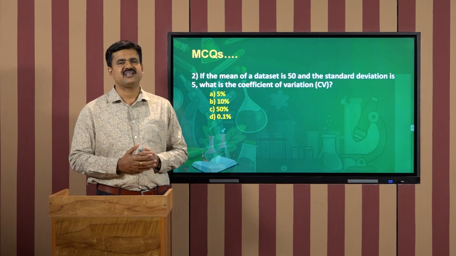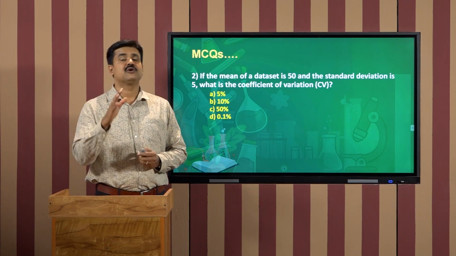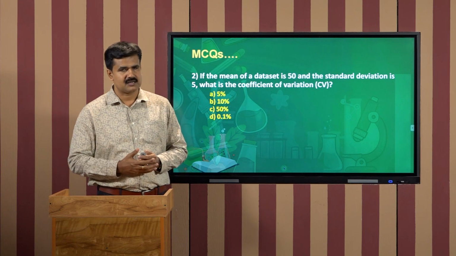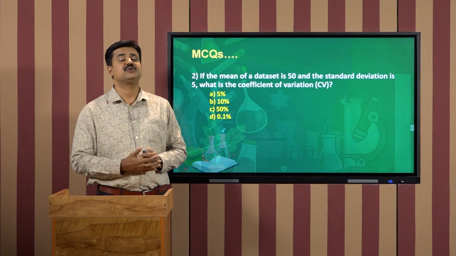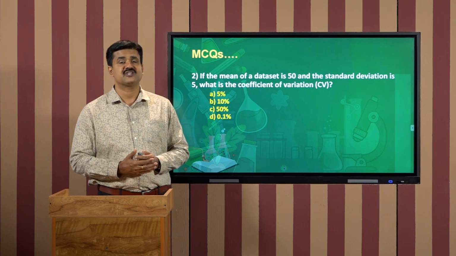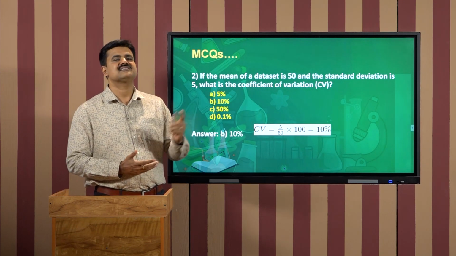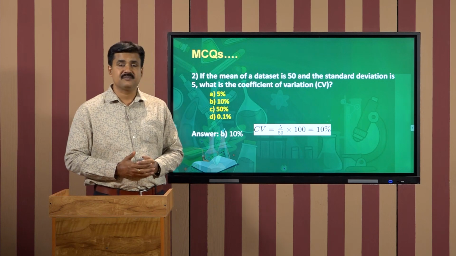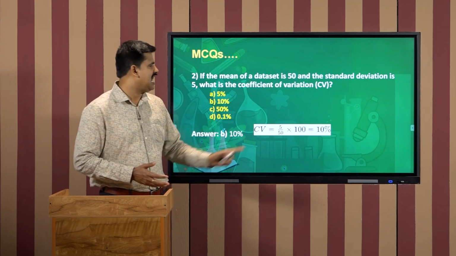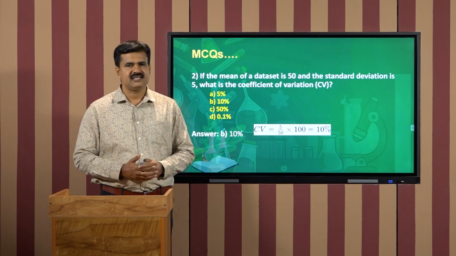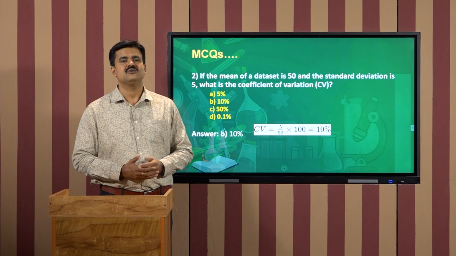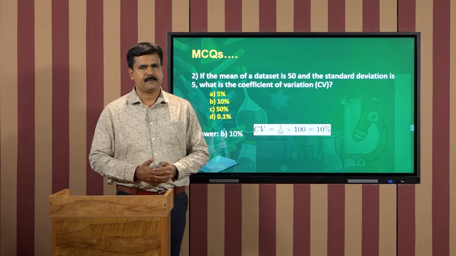So, you have to find out RSD first. In order to calculate RSD, you have to divide standard deviation by x bar, then multiply with 100 to get RSD percentage. RSD percentage is known as coefficient of variation. So, the answer to the problem is 10 percent, that is CV is equal to RSD percentage. RSD is equal to 5 by 50, multiply with 100 and you get 10 percent. So, your answer is option B.